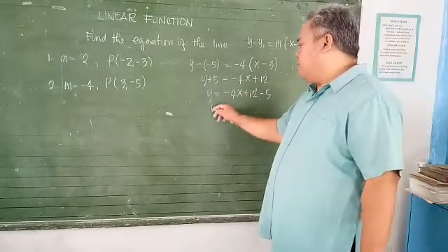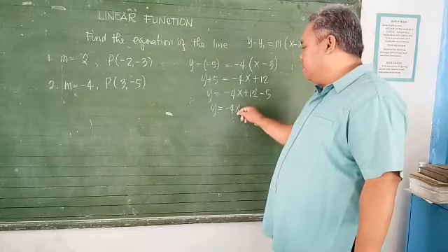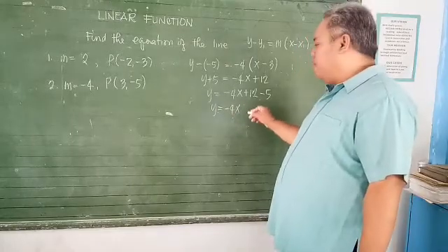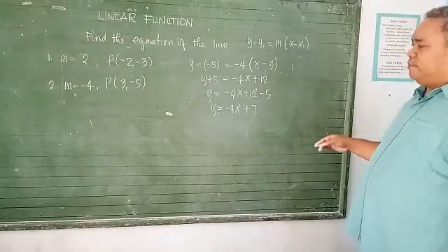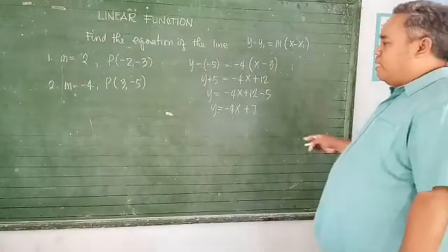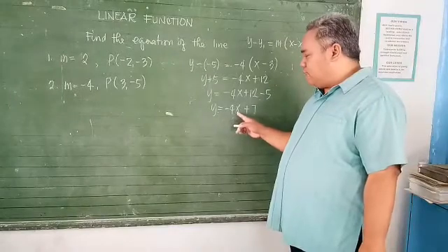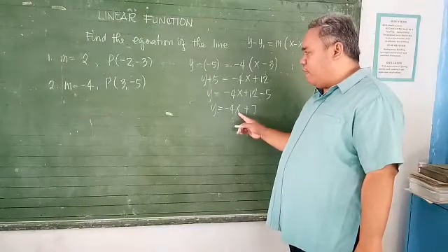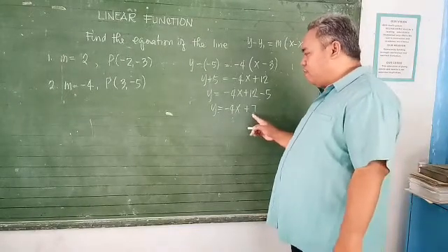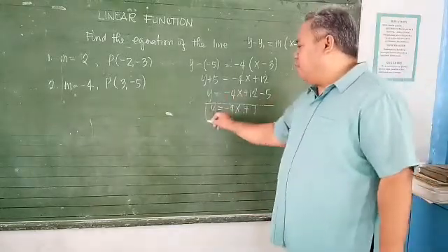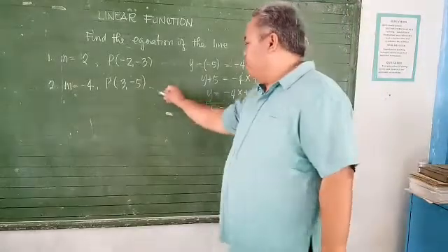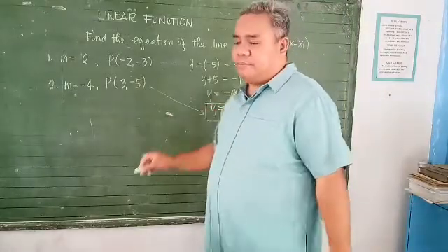So this is y is equal to -4x, and 12 minus 5 will give you 7. Right? Let's check. -4 times 3 will give you -12. -12 plus 7 will give you -5. So, it follows here. So, that will be your equation for number 2. Okay?